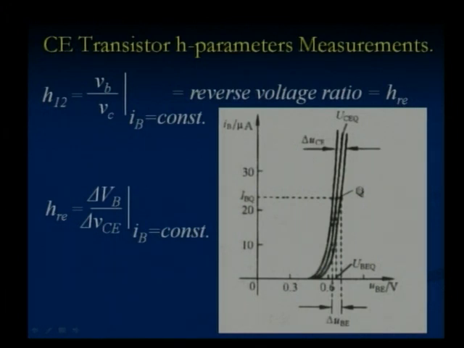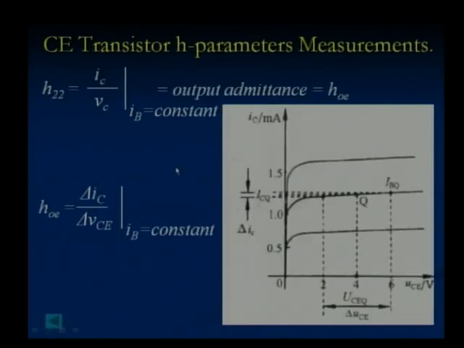So here, at a particular base current at an operating point or nearby that, we can find out delta VBE, change in base voltage. See, with these different characteristics here, we can find out delta VCE for this to this, and then delta VBE corresponding change here. Okay, so here from these characteristics we can find out HRE.